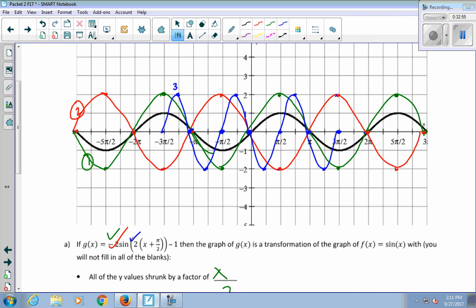Okay, that's step 3. So I changed my shape. I did the vertical stretch, the flip over the x-axis, and the horizontal compression. Next, I am going to do my shift left by pi over 2.